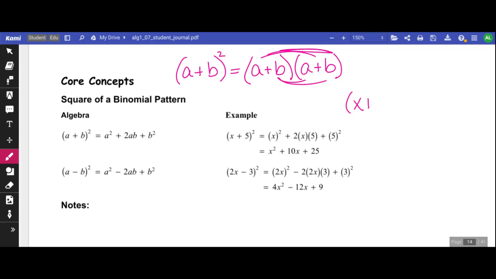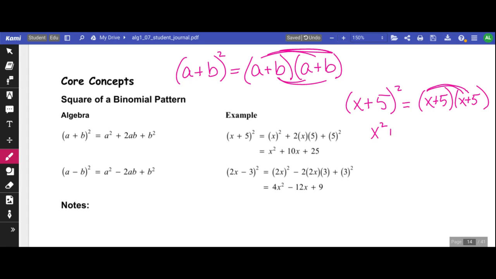Right? So that first one, you've got a little binomial squared. I've got x plus 5 squared. All right, that's the same thing as x plus 5 times x plus 5. All right, so I could FOIL it out. I could say, okay, first I've got x squared.